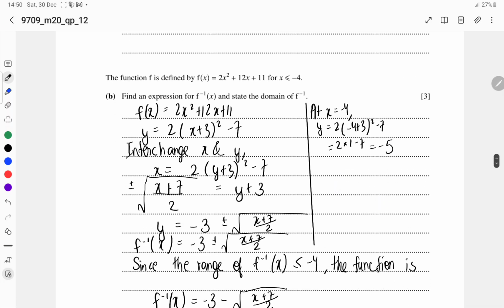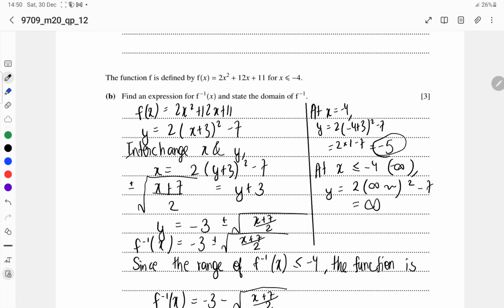And then when x is less than or equal to minus 4, let's say it's minus infinity. So y is going to be, when we put a very big quantity, 2 times infinity and then something whole squared minus 7, simply positive infinity, right?